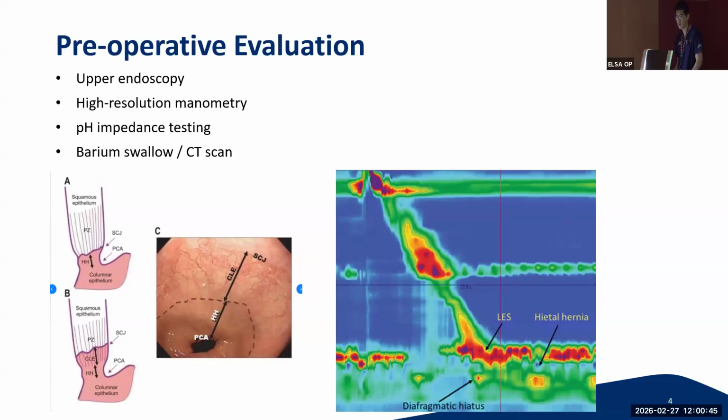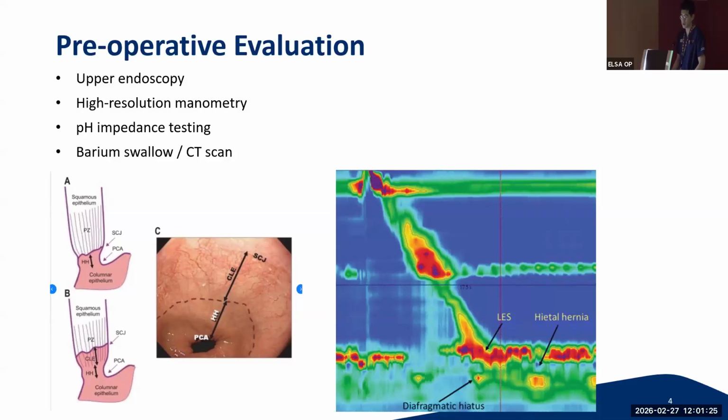But in borderline cases, we can consider using pH impedance testing to assess whether that's acid reflux or not, and also high resolution manometry, because that will give us an idea of the motility of the esophagus, and that may impact what kind of fundoplication we do. Because in some patients with very poor esophageal clearance or ineffective esophageal motility, we should probably not do a full fundoplication, because that may result in quite a bit of dysphagia for the patient.